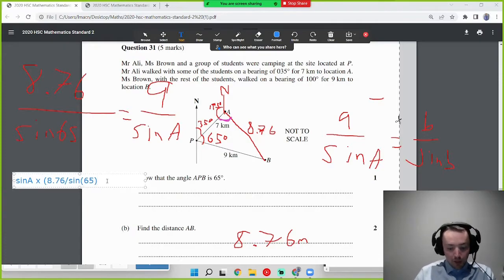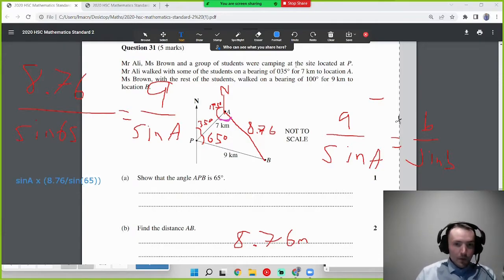I'll put that in brackets just to be sure. And then we can say equals 9 times sine A divided by sine A.